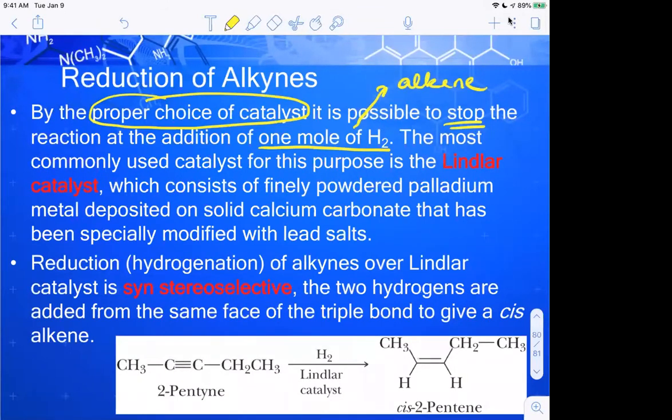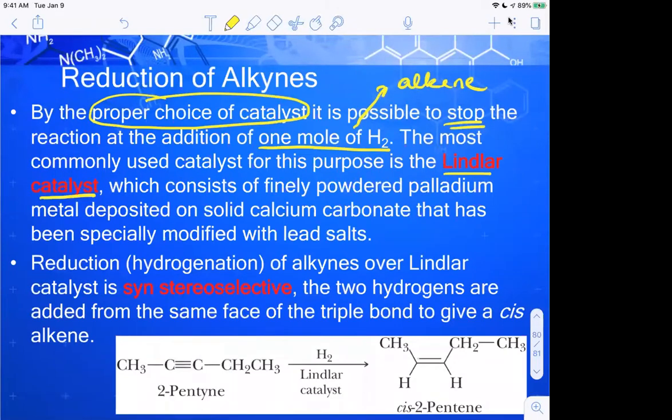The most commonly used catalyst is something called Lindlar's catalyst, which is a finely powdered palladium metal deposited on solid calcium carbonate, and it's modified with lead salt.